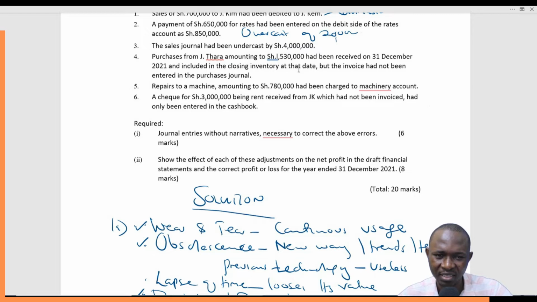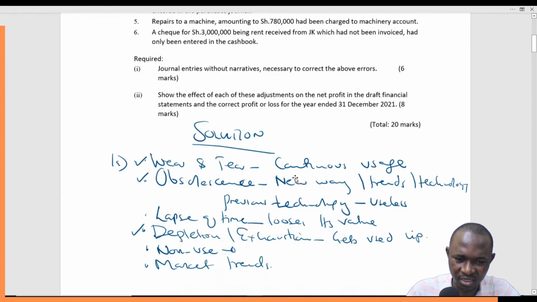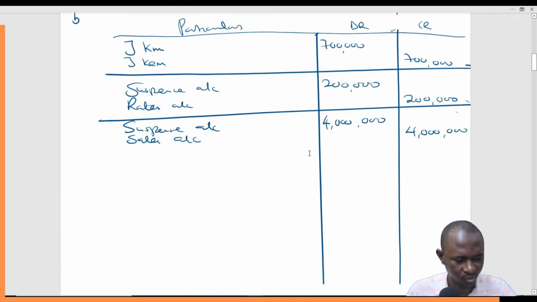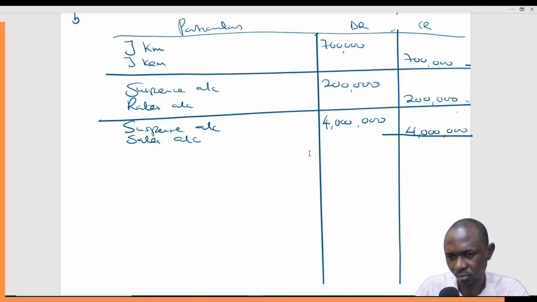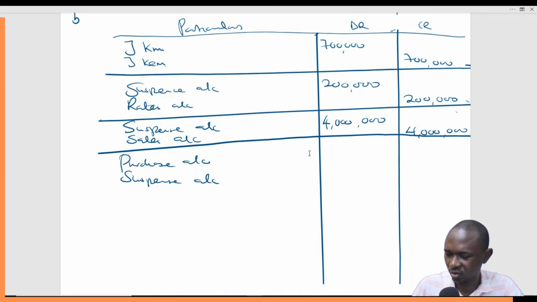So what do we do? We create that. Purchases is a debit account, so we are going to debit the purchases account to enter that invoice, and then credit the suspense account, because the other account was okay.